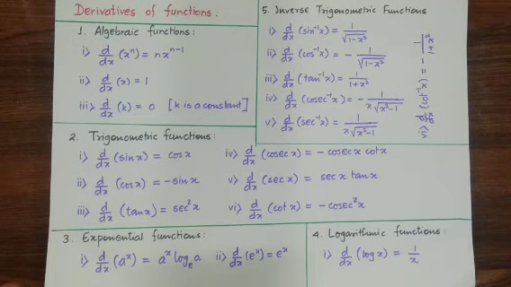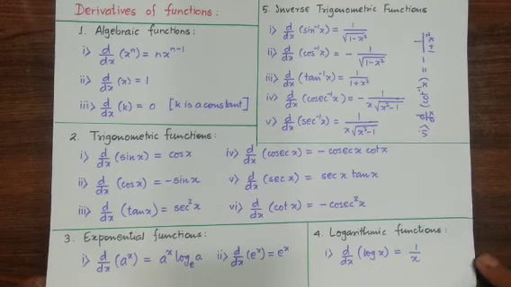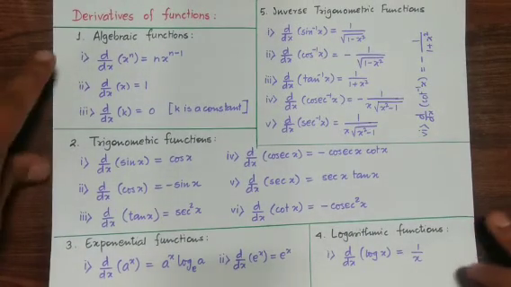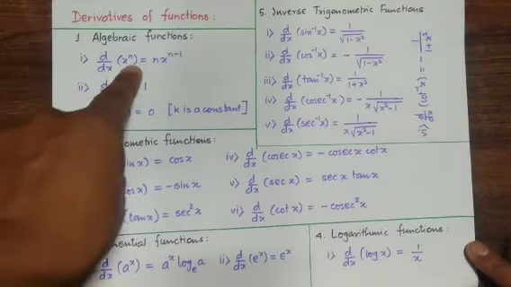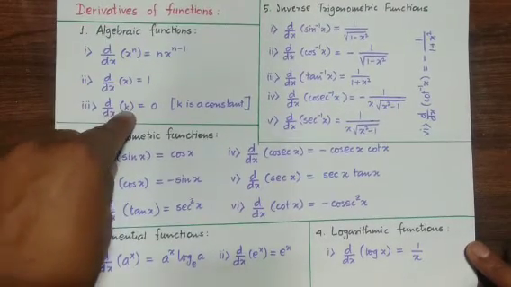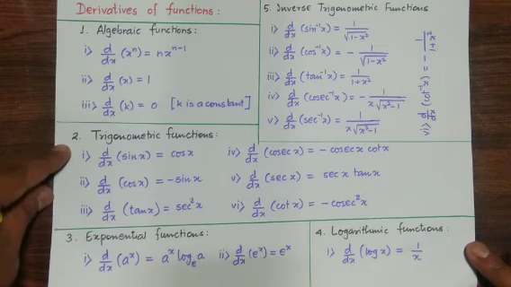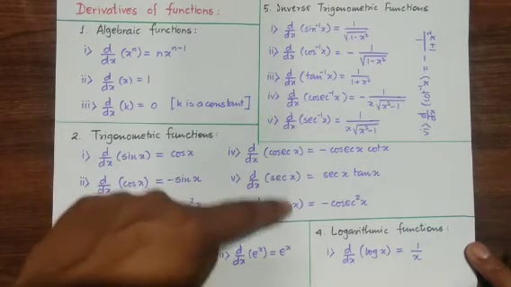After seeing the algebra of differentiable functions, it's very important to know the formulas for derivatives of different kinds of functions. In number 1 we have algebraic functions: x to the power n, x and constants all come under algebraic functions. Number 2 is trigonometric functions: sin, cos, tan, cosec, sec and cot.